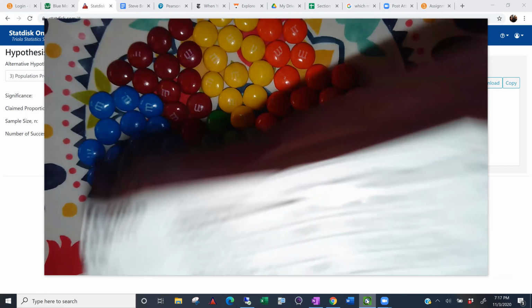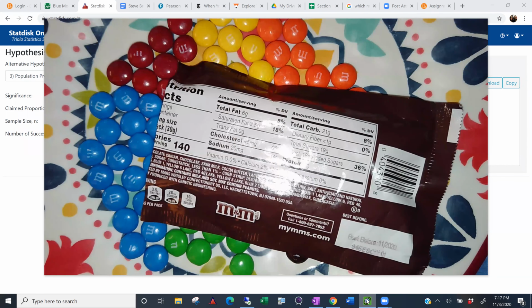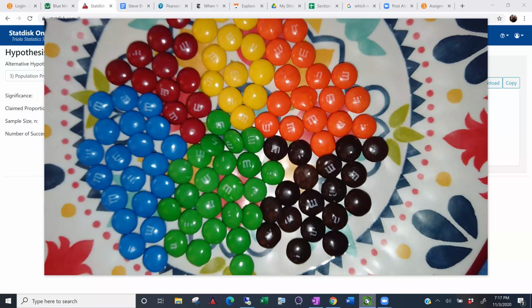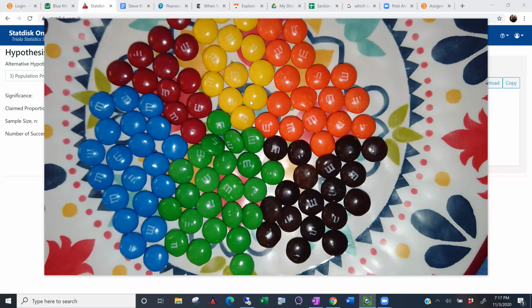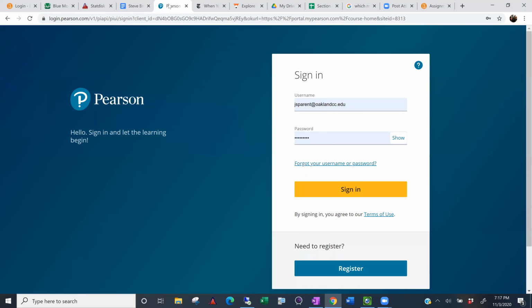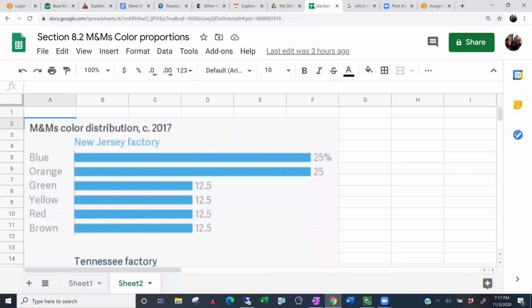And I can only assume that this comes from the Hackettstown, New Jersey plant. I looked up online to see what the proportion of M&Ms should be by color.